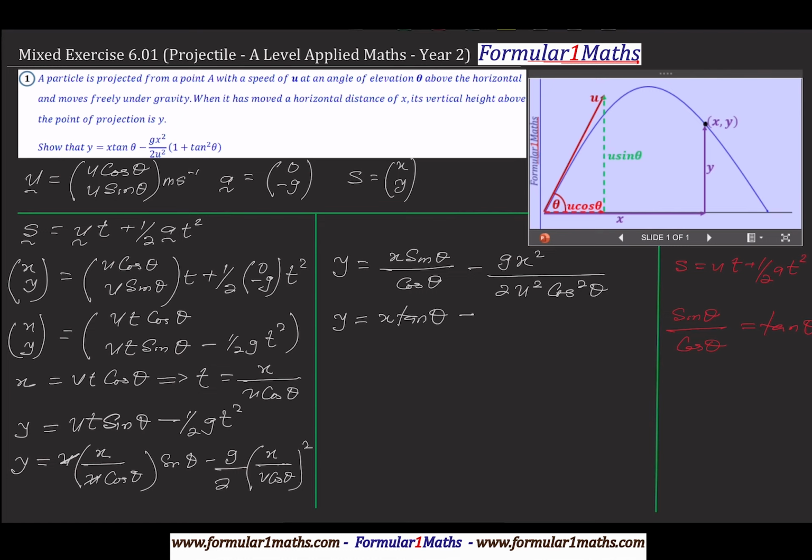And I'm going to rewrite this term in a different way as follows. gx squared over 2u squared times 1 over cos squared theta. But 1 over cos theta is equal to sec theta.